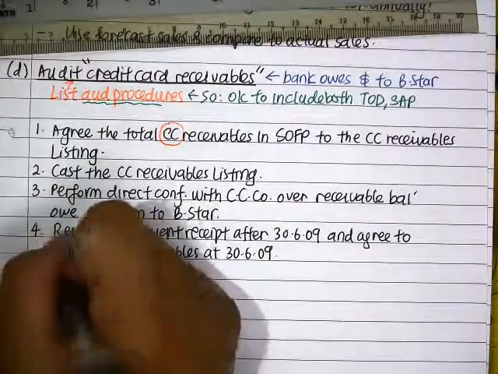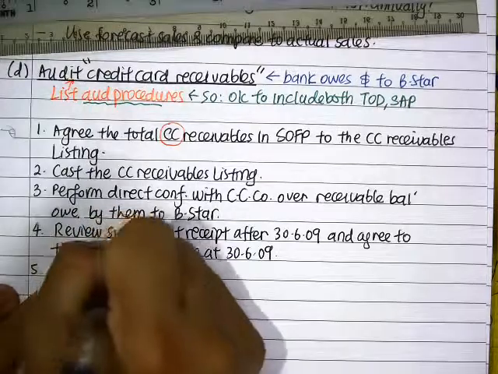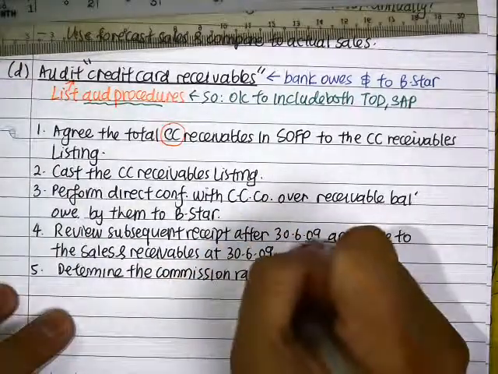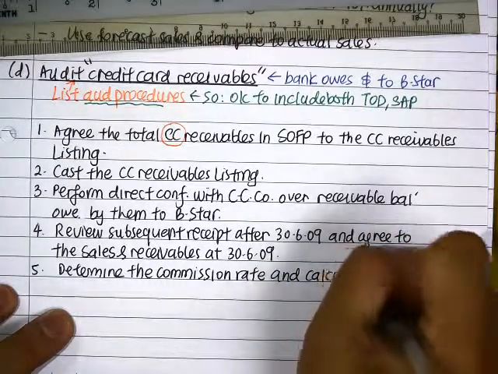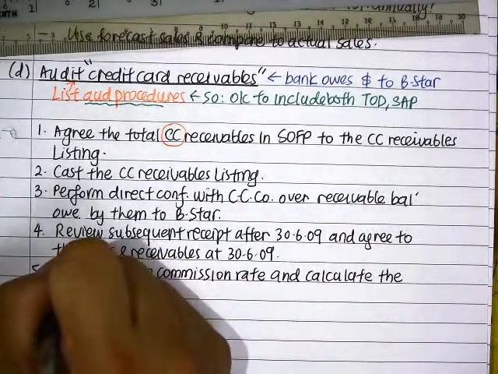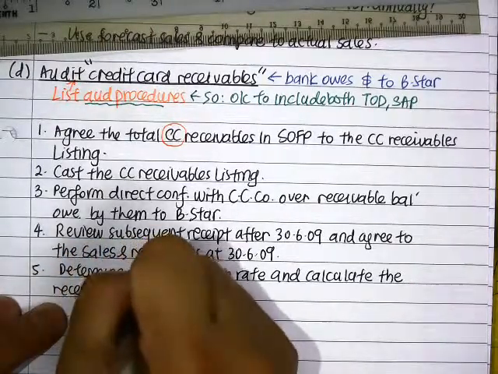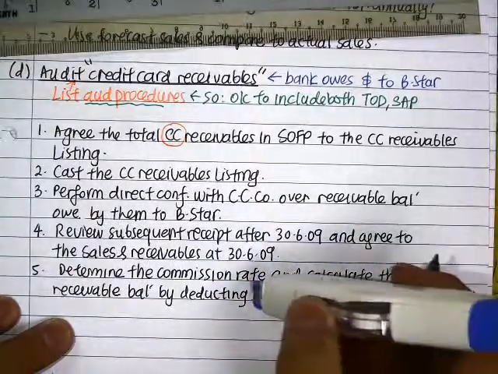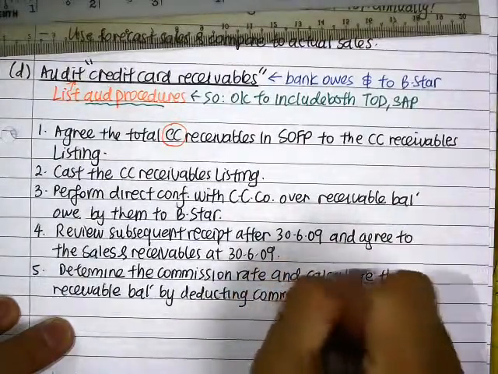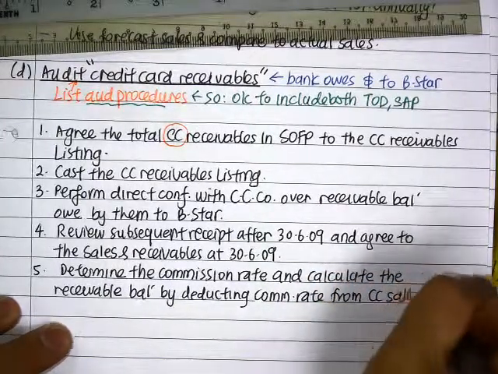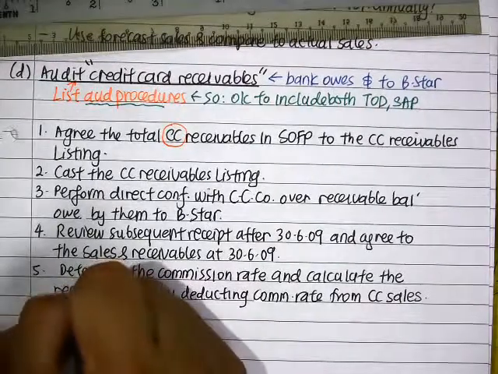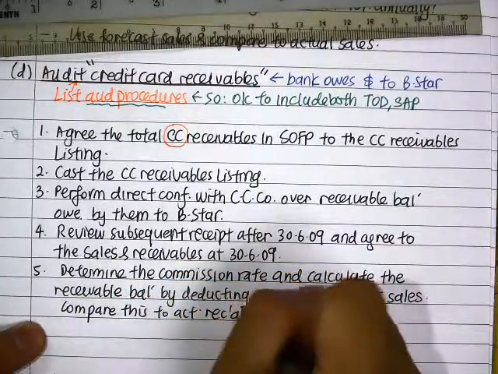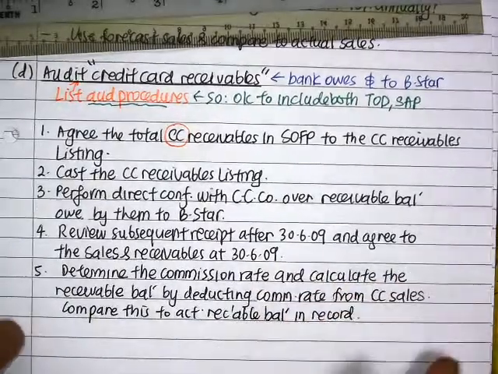So what we're going to do is determine the commission rate, and then calculate the receivable balance by deducting the commission rate from the credit card sales, and then compare this to the actual receivable balance in the record.